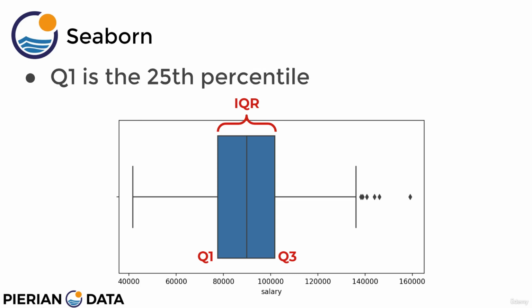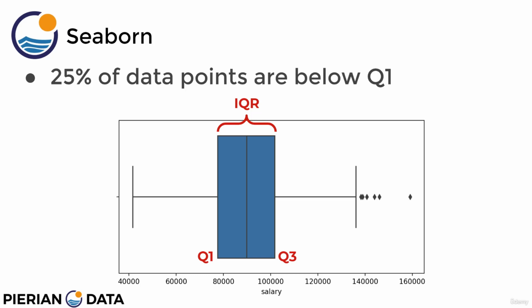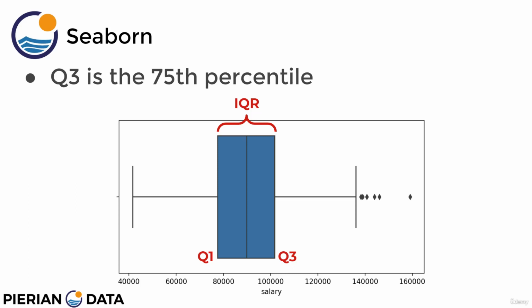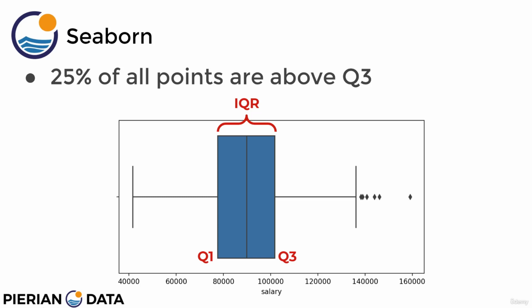So Q1 is the 25th percentile, essentially separating the line for the bottom 25% of all the data points versus everything else. So 25% of the data points then are below Q1. These are the 25% of the lowest salaries in the dataset. Q3 is the 75th percentile, which means the highest 25% of all data points are above Q3.